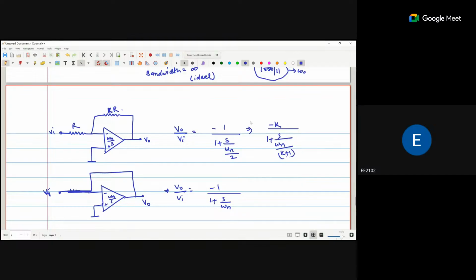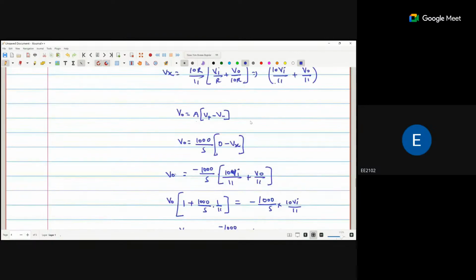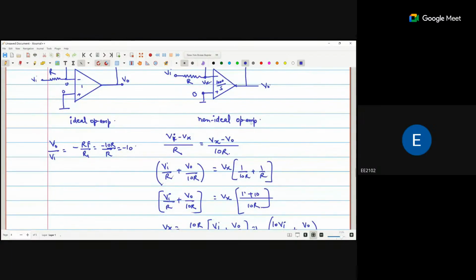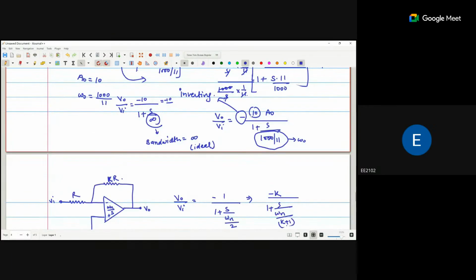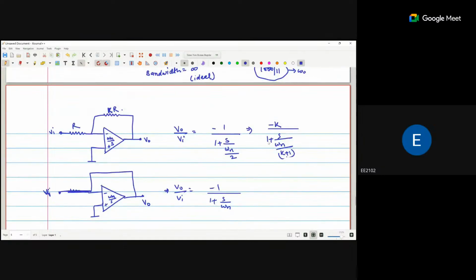So you can compare this one with the previous diagram. If K value is 10, the response is minus 10 upon 1 plus s upon omega n or 1000 divided by K plus 1. Now in this case KR is 0, so we can say K is 0.